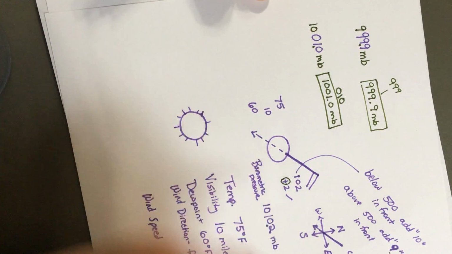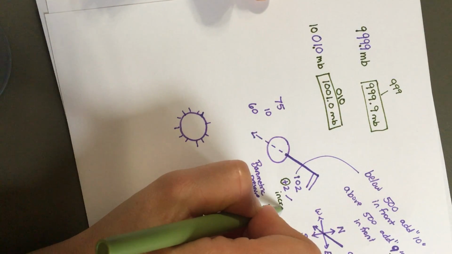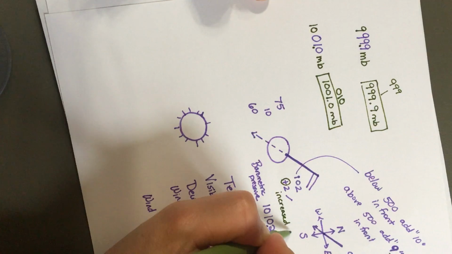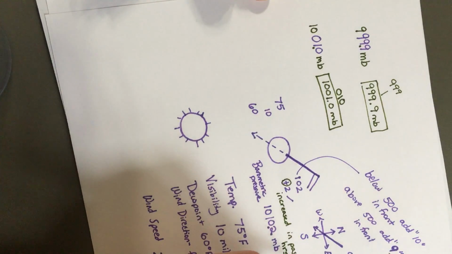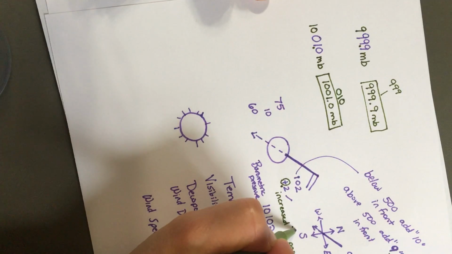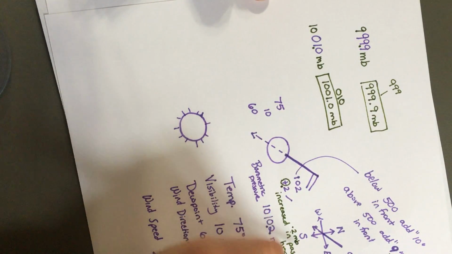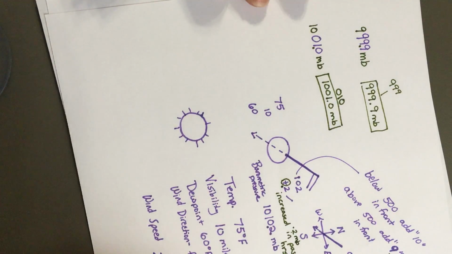So this plus actually just means that the barometric pressure increased in the past 3 hours. But how much did it increase? Well, it increased 0.2 millibars. And this line right here means it's continuing to increase.